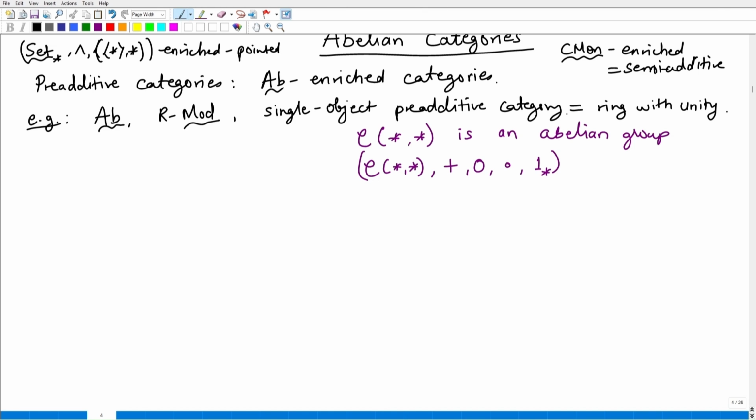Okay. Now, once we have this, last time we did not define it, but let's define a functor appropriately. Suppose C and D are pre-additive.